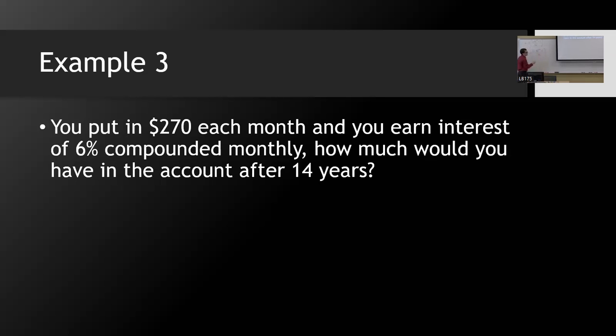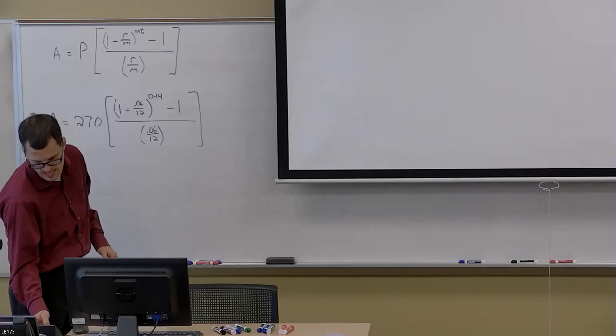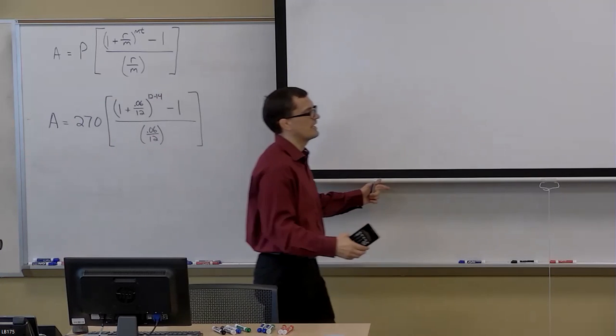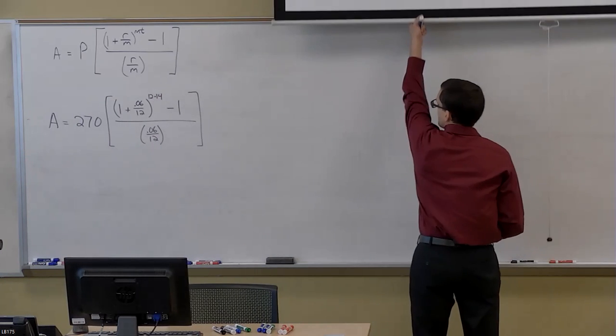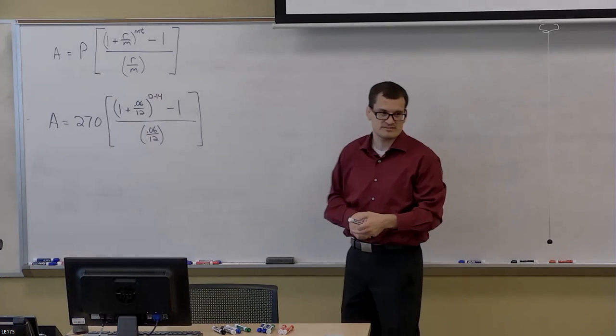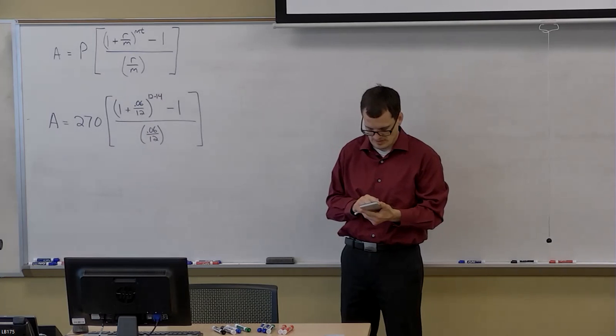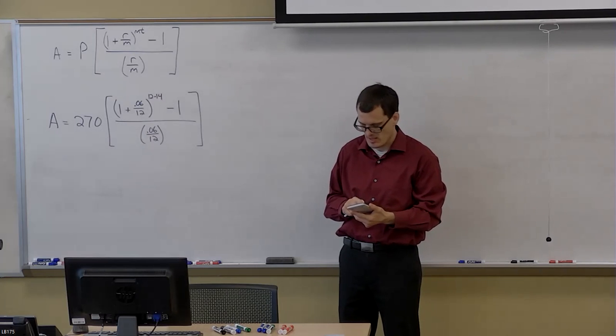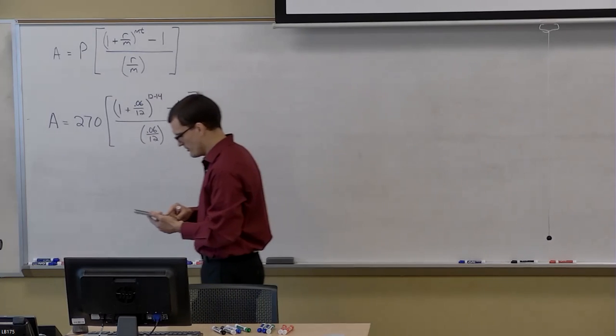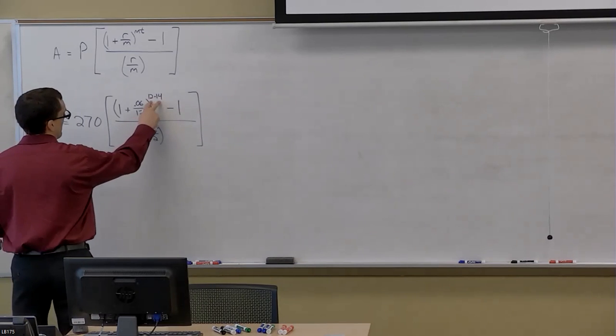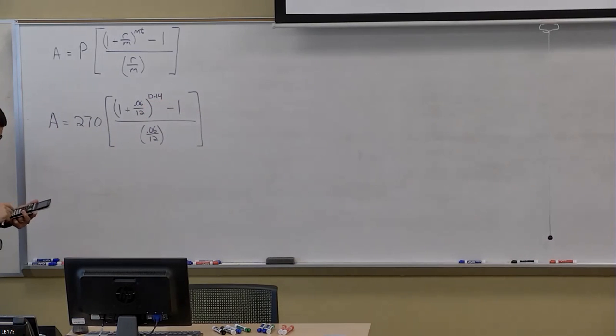So this was a given model we had dealt with before. And all we have to do is plug in the right numbers into the right spots. Remember, when you're doing this, I like to multiply the 12 times 14.